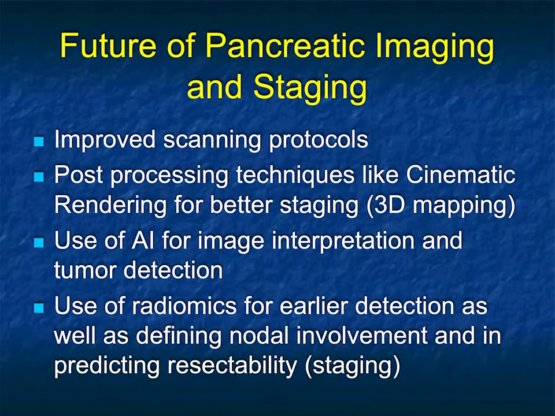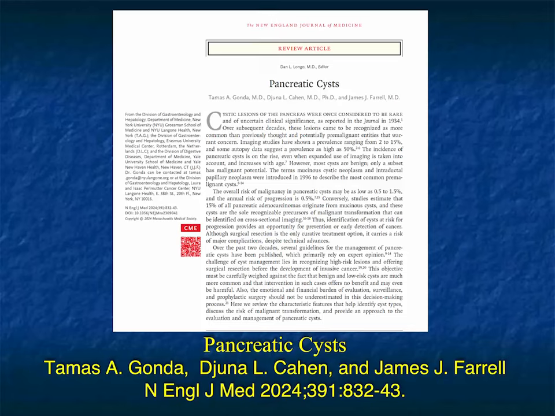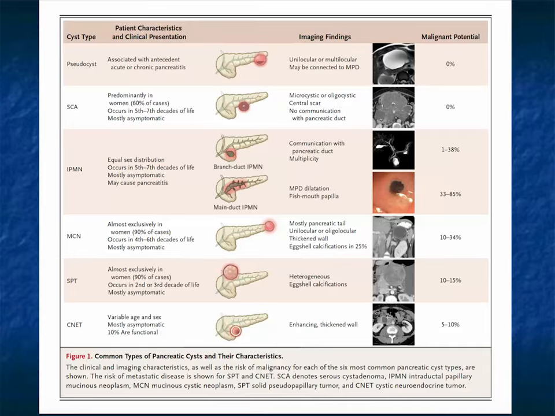When you look at the future of pancreatic imaging and staging, we need to have better scan protocols, but we've worked on that. We mentioned cinematic rendering. We've now spoken about AI. We've now spoken about radiomics. And again, in this article by Gonda talking about pancreatic cysts and how to manage them, the article was excellent in making the point that we're just not that good.